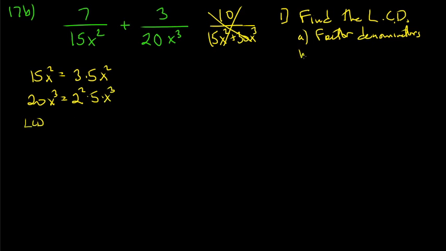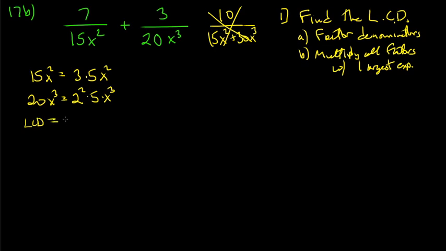So the LCD, you just multiply all the factors, using the largest exponents, right? If you do the smallest exponents, you're finding the greatest common factor, which you know how to do, but that was back in chapter 6 when we were factoring.